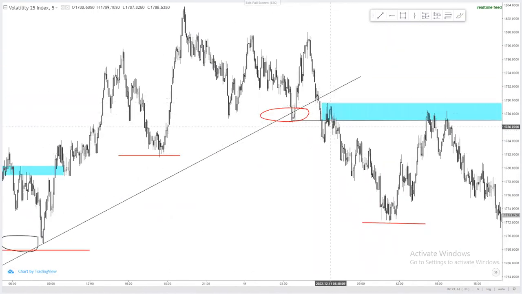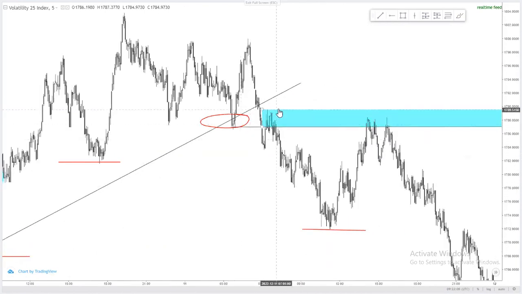So what you do, maybe find a supply zone at this level, right? There was an entry somewhere there. There's a way in which you're gonna enter, or you can use the candles there, like this, you could enter there, go short, right? Or you could wait for it to come back to this last candle there.